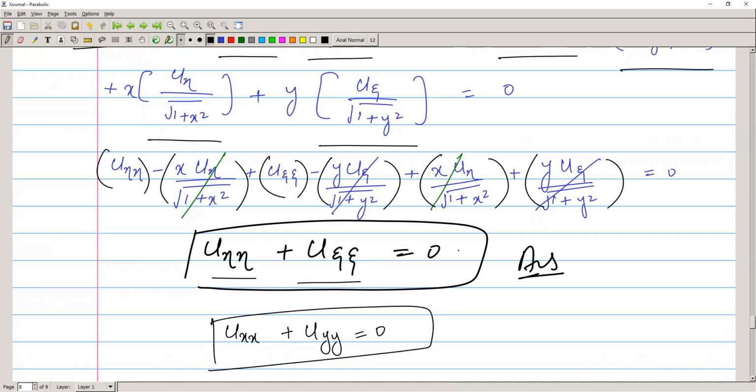So it's the same kind of equation, the Laplace equation, which is also called the two-dimensional heat equation, in fact in the steady condition, right? The steady condition.